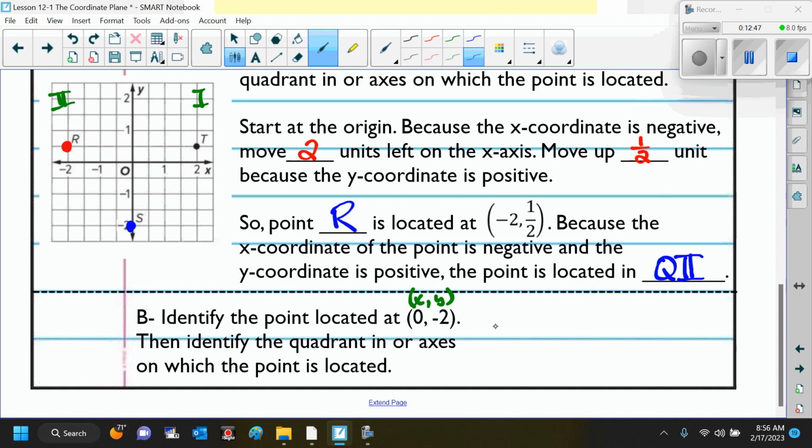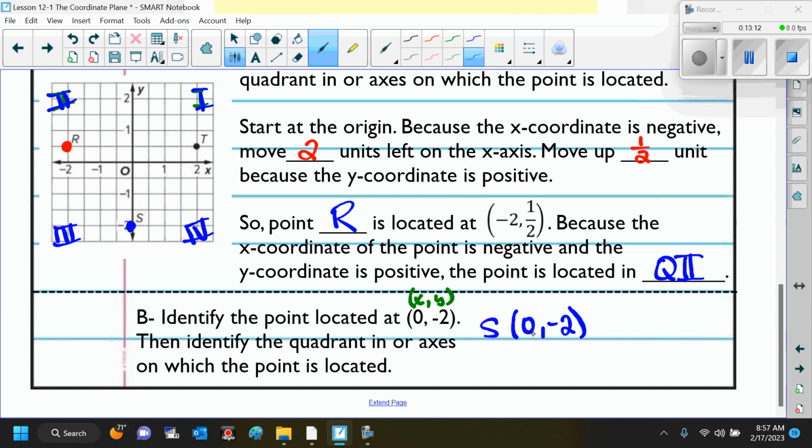So point S is at 0, -2, and where is it located? Well, here's quadrant 1, here's quadrant 2, here's 3, and here's 4. You'll notice it's not in one of the quadrants, it's on a line.